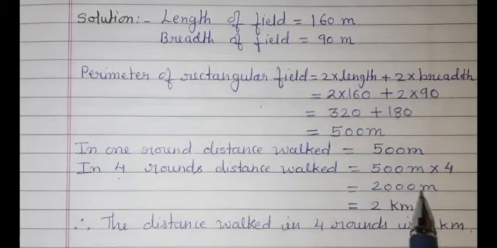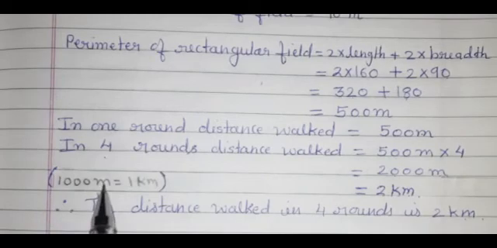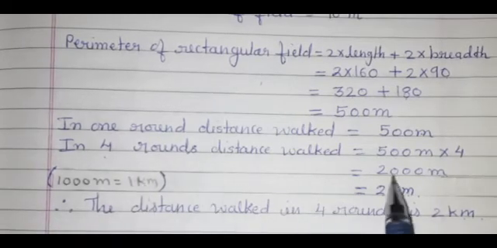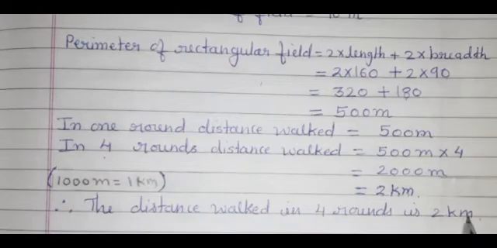So here is 2000 meter. Now according to the question, find the distance in kilometers. So here 1000 meter is equal to 1 kilometer. So 2000 meter is equal to 2 kilometer. Therefore the distance walked in 4 rounds is 2 kilometer.